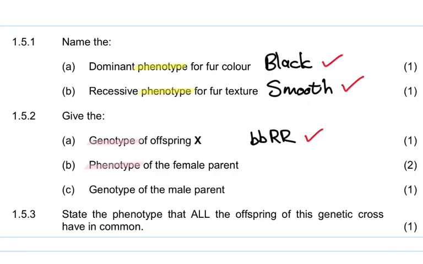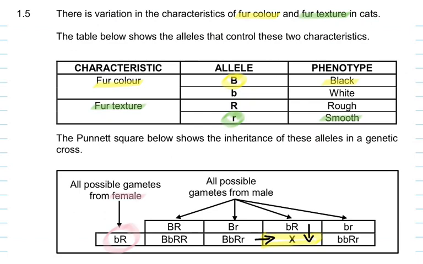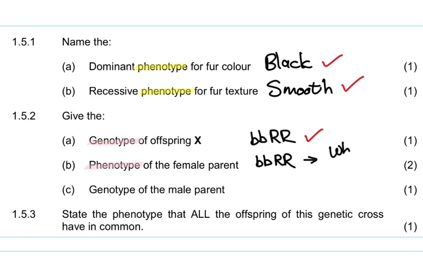So the female parent would have been small b, capital R, but that's not what they asked. They're asking for the phenotype. So then we have to go and see. A small b would give us white, and a capital R would give us rough. So that would be white and rough. And that is what the 2 marks are going to be for. 1 for white and 1 for rough.